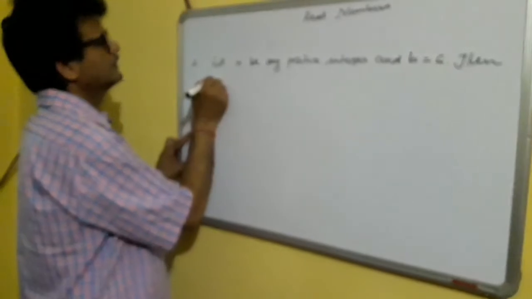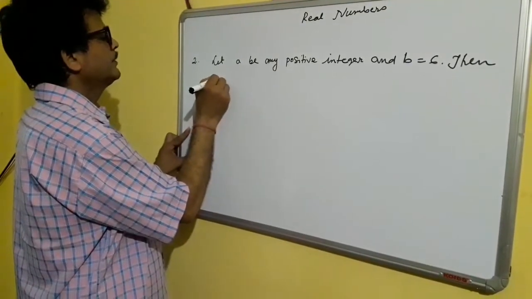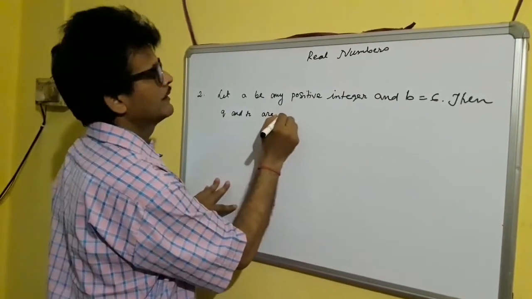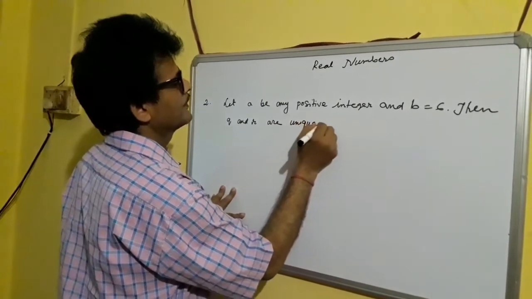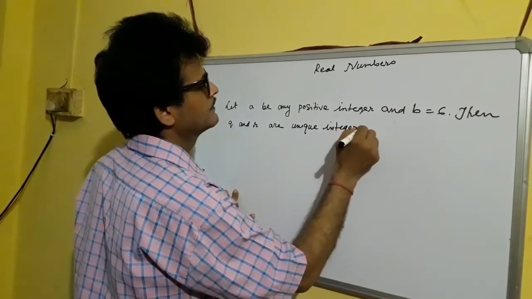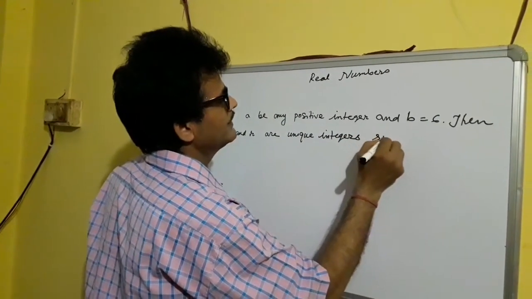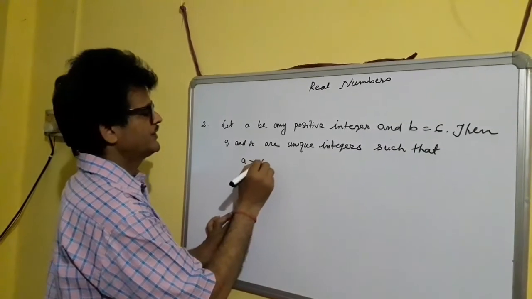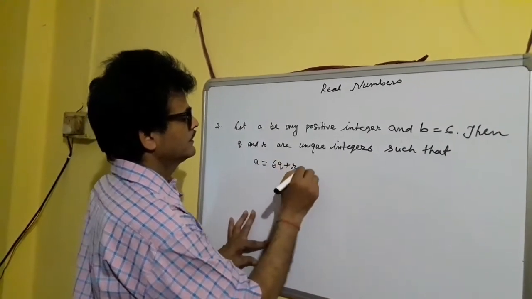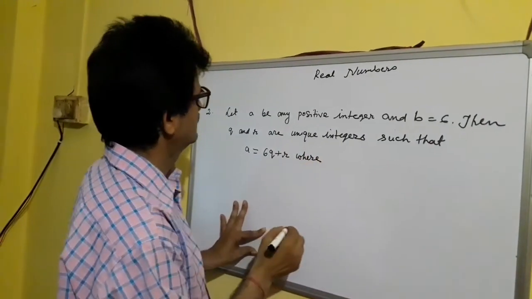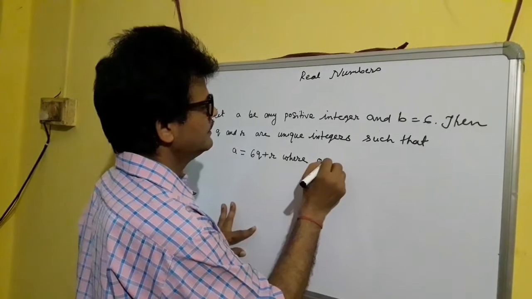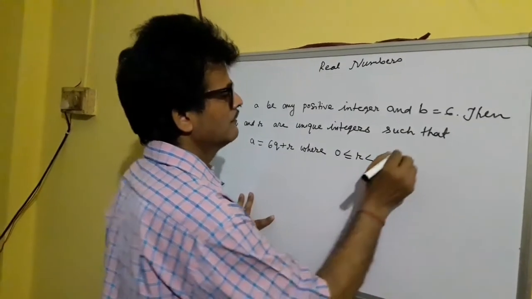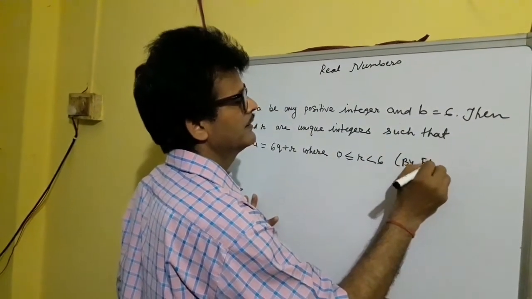Then q and r are unique integers such that a is equal to 6q plus r, where 0 is less than or equal to r less than 6, by Euclid's division lemma.